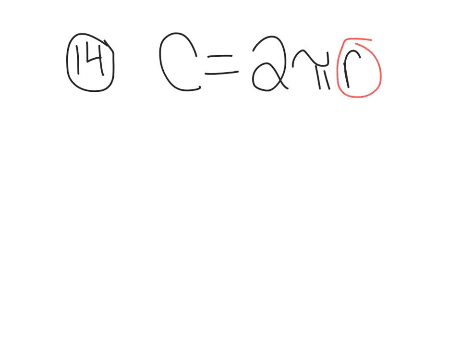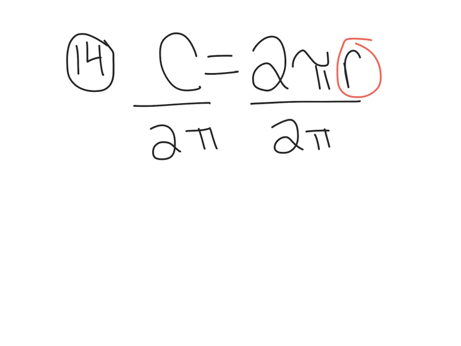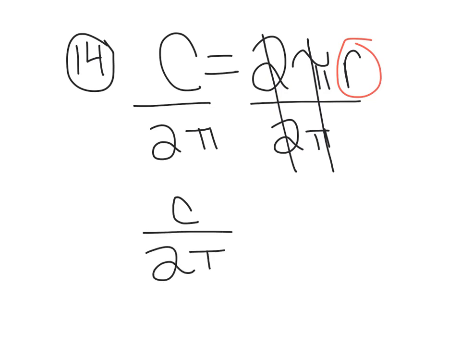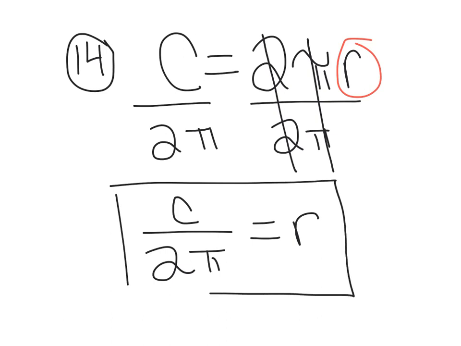R is multiplying with 2 and pi. So to unmultiply, I need to divide by 2 pi. 2's cancel out, pi's cancel out. So c over 2 pi equals r. That's the final answer.